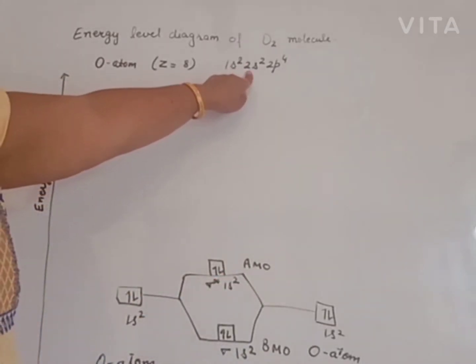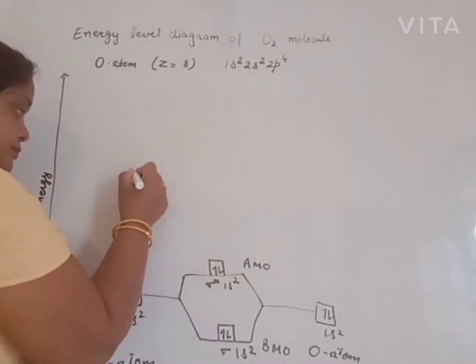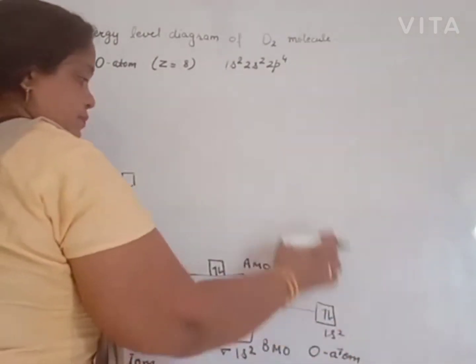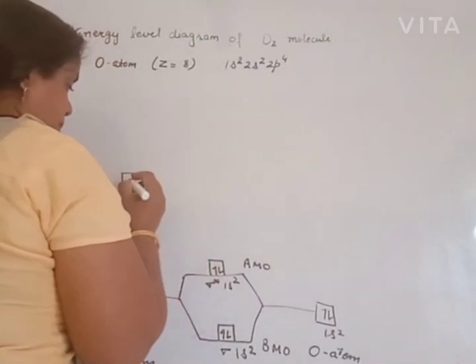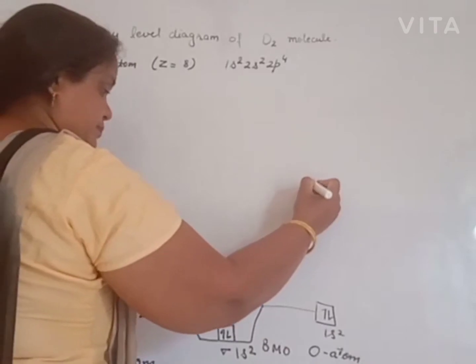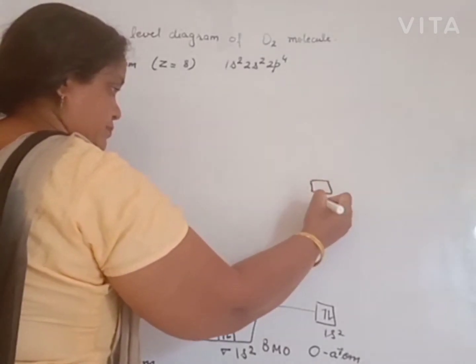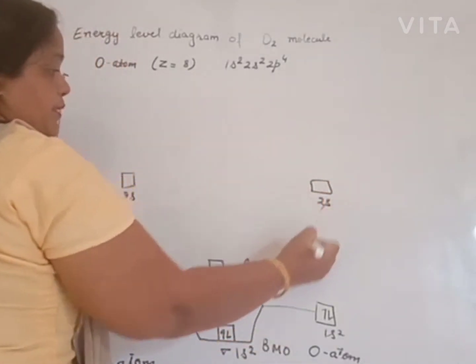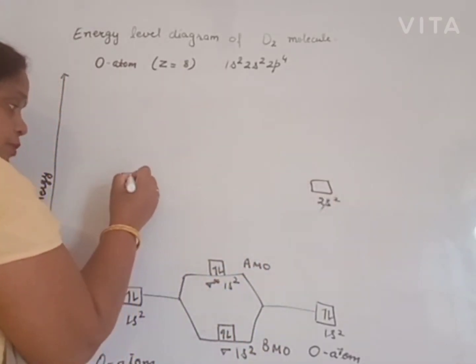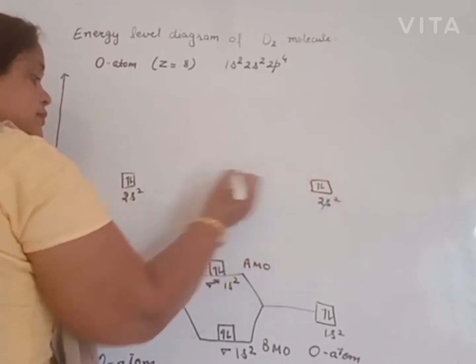Now electrons enter the 2s orbital, and this level remains the same. 2s2 means each atomic orbital consists of 2 electrons.